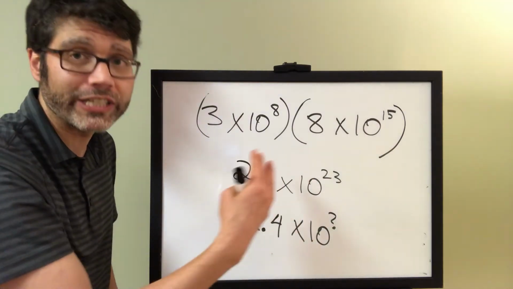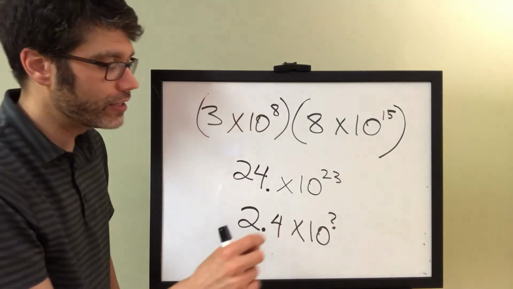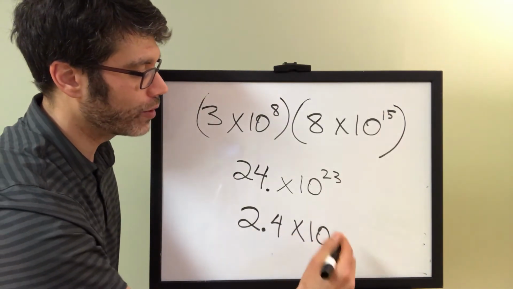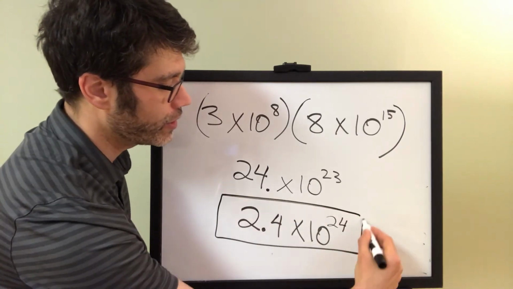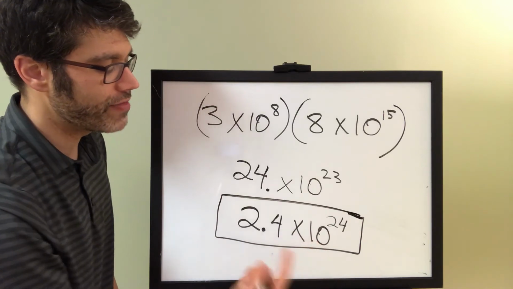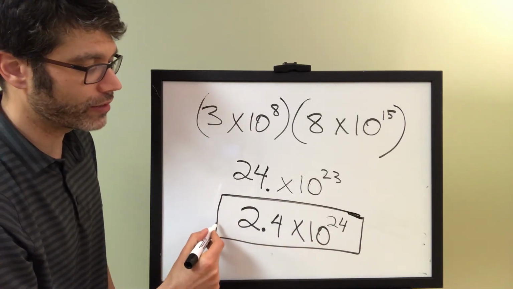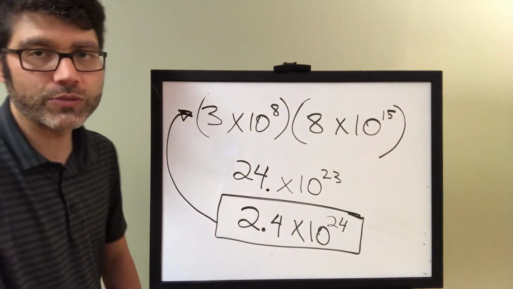So that's going to be 24. So we're going to have to move 24 places to the right, which means our correct exponent is going to be 24. So we've got 2.4 times 10 to the 24th, and that is the correct scientific notation of our product of this multiplication problem up here.